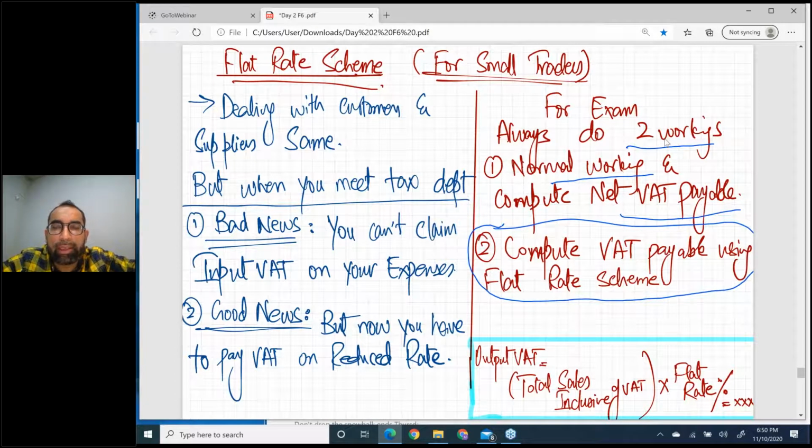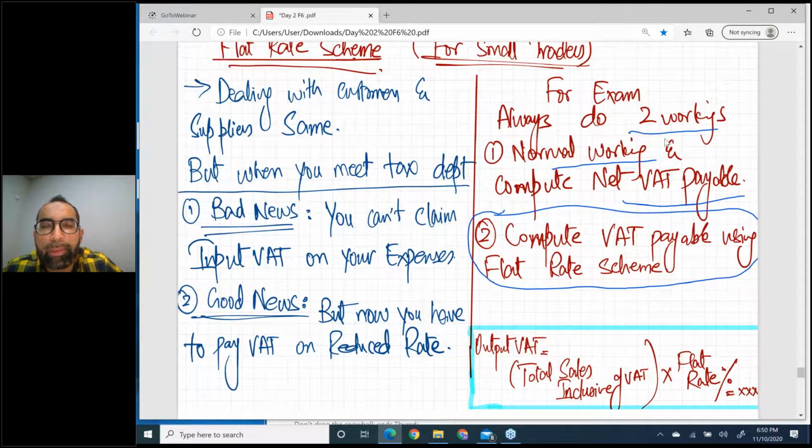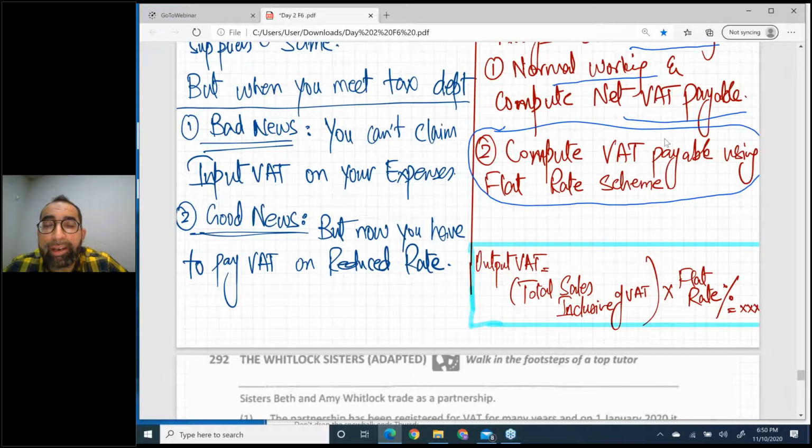Now the question is, sir, how to calculate VAT payable using the flat rate scheme? In the flat rate scheme, there is no input VAT recovery. I just told you the bad news. Bye to input VAT, and there is only output VAT. But what is the formula of output VAT now?